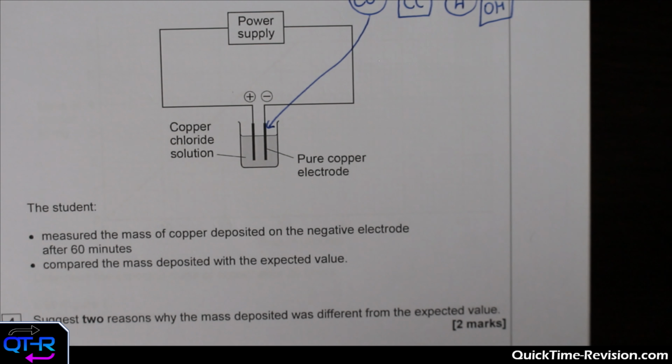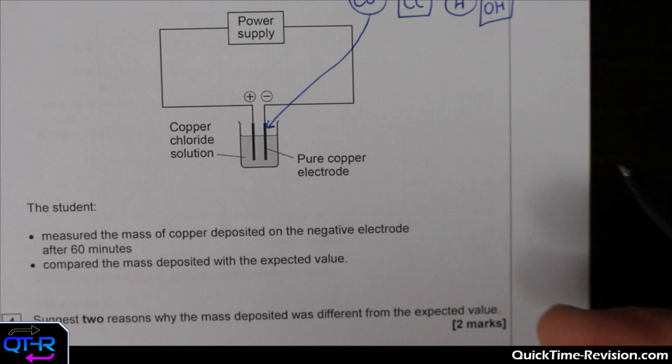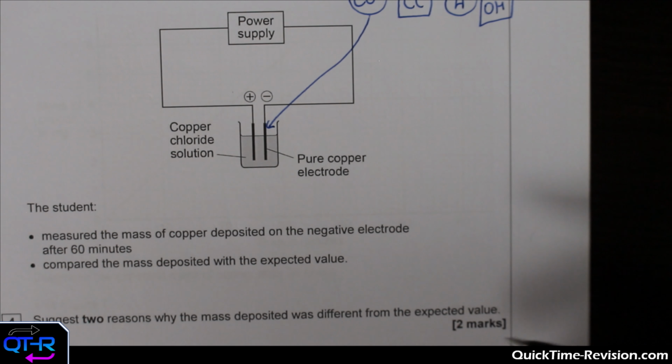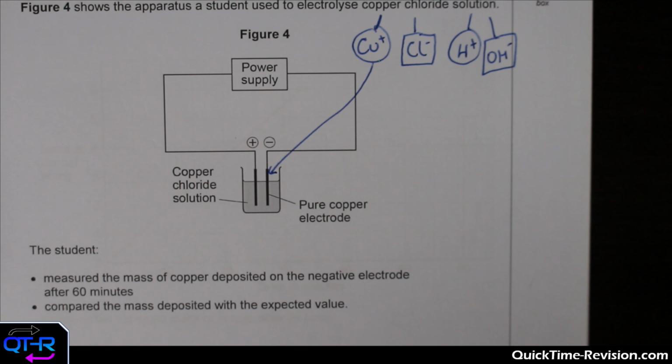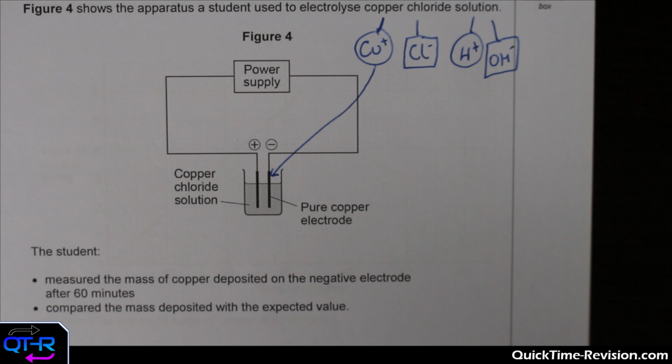It could be the copper was removed when drying the electrodes. Once you take it out, you want to remove the excess liquid that is attached to it, and some of the copper might have fallen off. Or the electrode did not dry, which means that it weighed more because it was wet. Or the voltage of the current was different from the original experiment, and therefore there wasn't enough energy to make that happen. Okay, so any of those things will give you an answer.